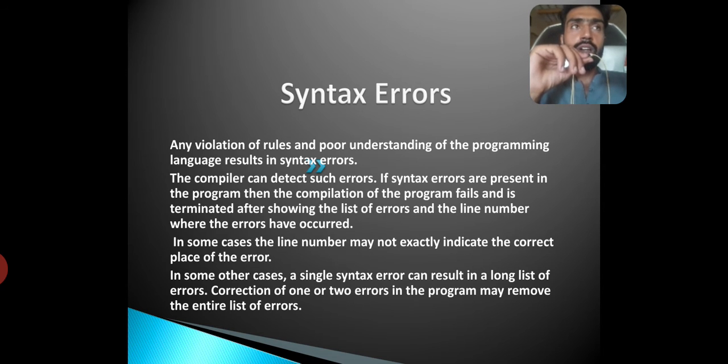Syntax errors: any violation of rules and poor understanding of the programming language results in syntax errors. The compiler can detect such errors. If syntax errors are present in the program, then the compilation of the program fails and it is terminated after showing the list of errors and the line numbers where the errors have occurred.